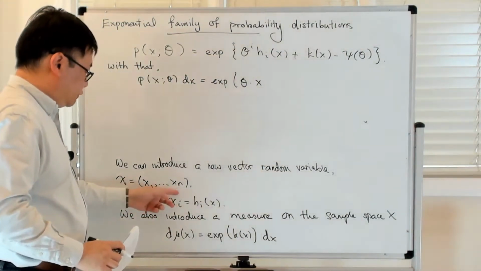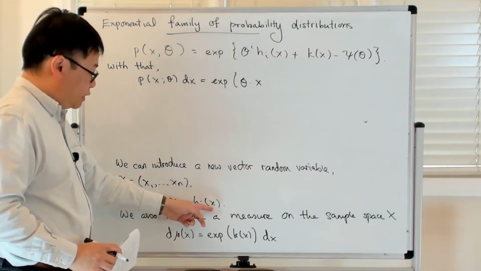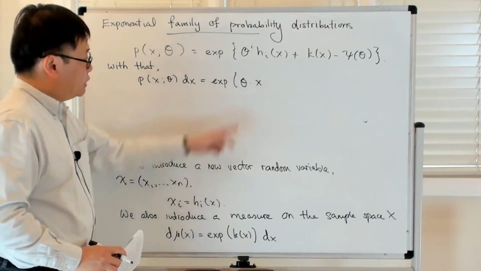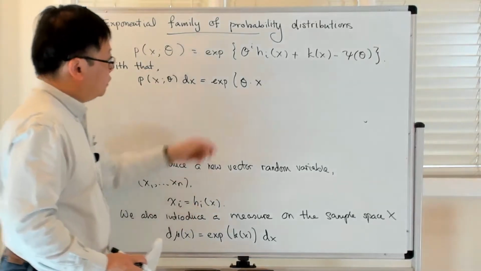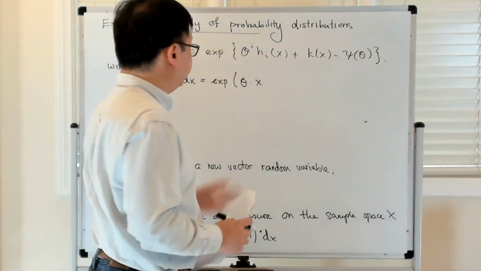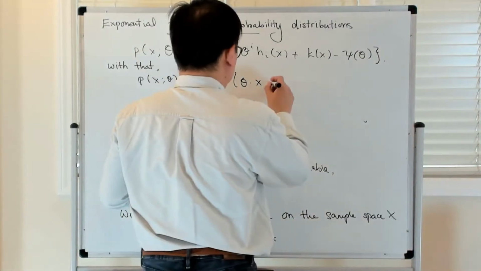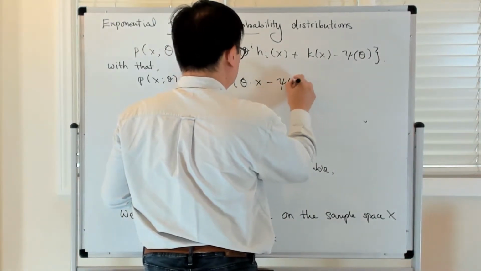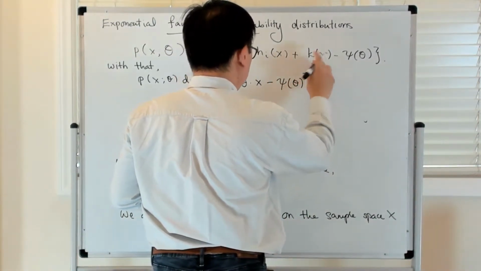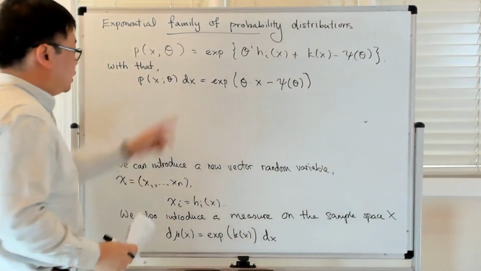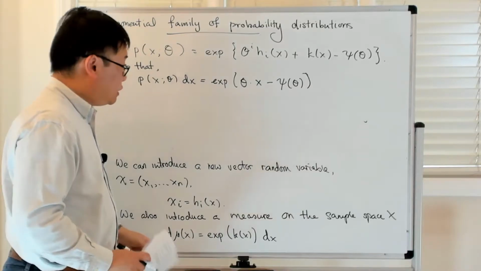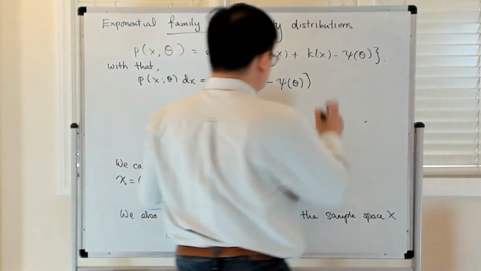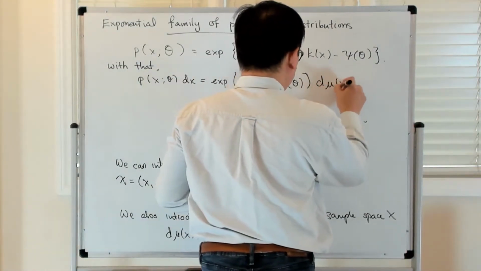So x is this vector where I've evaluated the h_i's at the point x. This is theta as before, and this is the x which I have here. That's going to give you this term minus psi(theta), and then the exponential k(x) term I'm going to put in this new measure d mu of x.